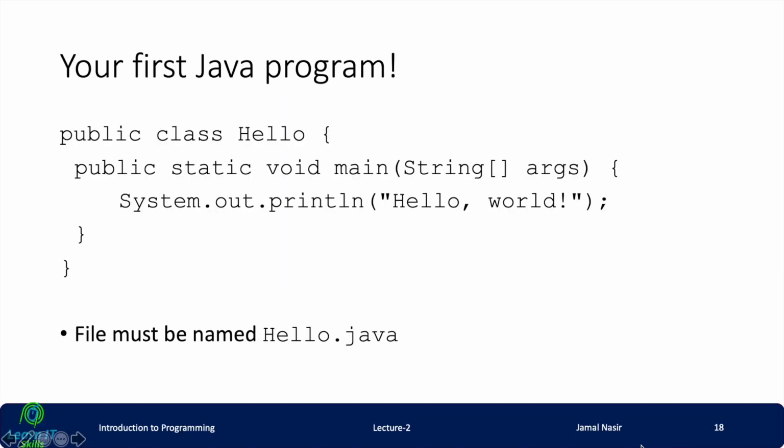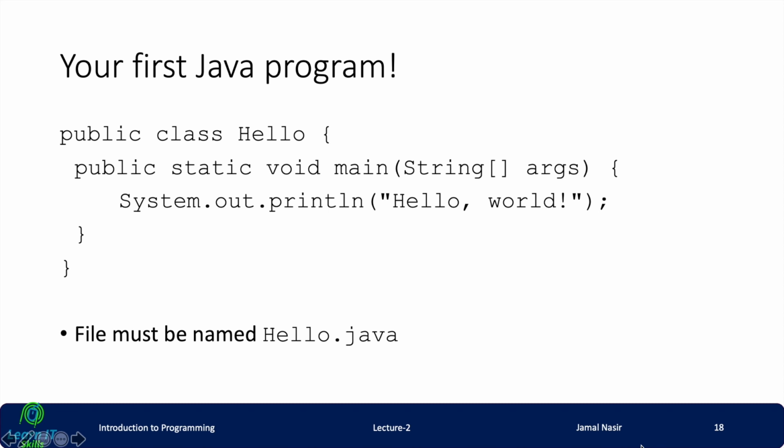So this is our first Java program, the Hello World program. And you can see it's starting with a class name, right? Here the class name is hello, and then in the class we are defining one method which is named main, and then we are just printing hello world.